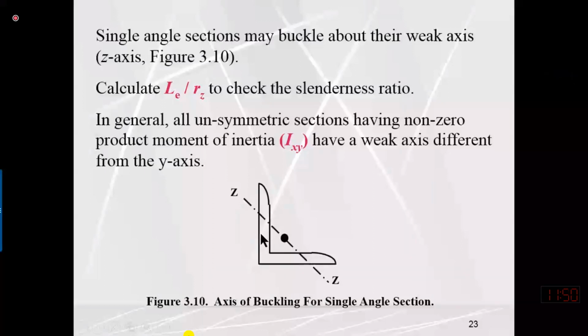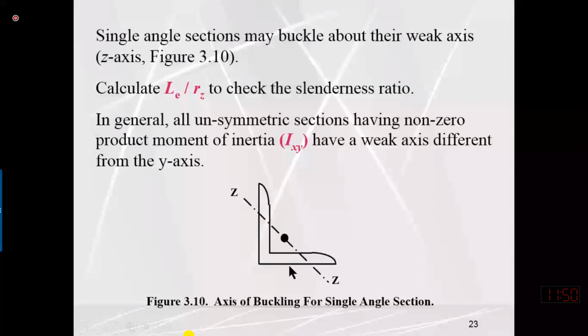But for single angle, we are having three r values, rx, ry, and rz. Experiment suggests that a single angle neither buckles about x or y, but it buckles about a third axis which is called z-axis, which is a function of leg dimension.